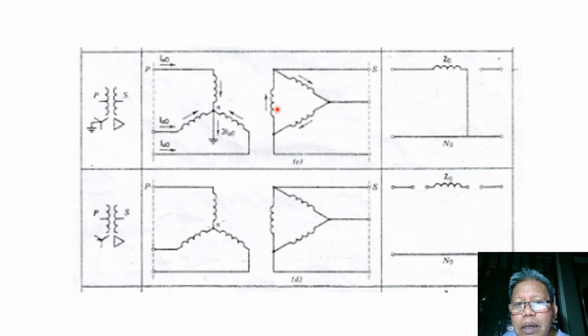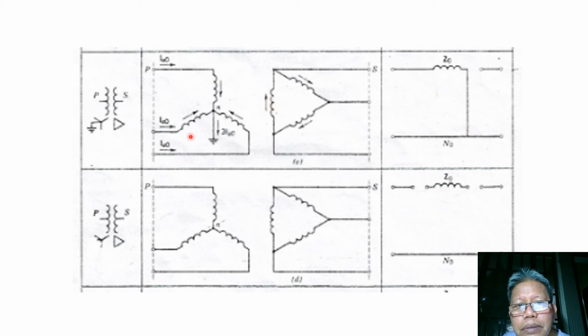Unlike the other connections before, where the zero sequence current in the secondary cannot flow because the terminals are open, here in the delta connected secondary, zero sequence current can flow. For example, if this is the response of the secondary winding to the primary short circuit current I_A0, then it must produce also its version of secondary short circuit current I_E0.